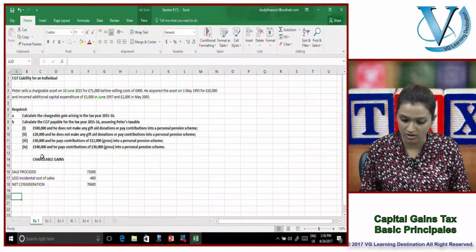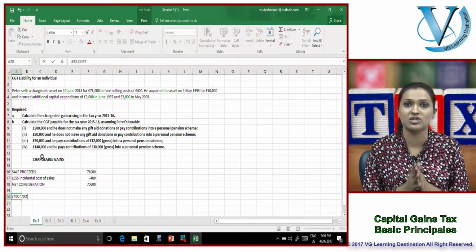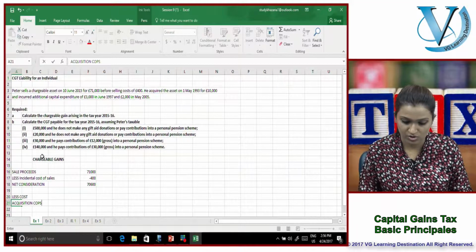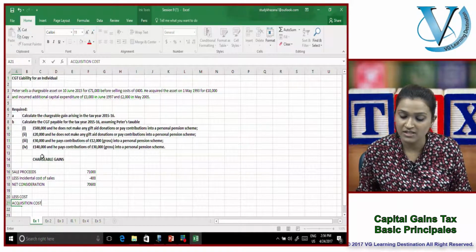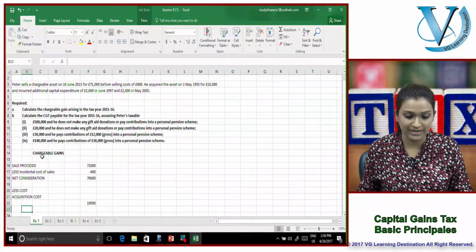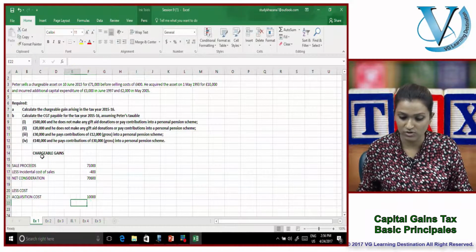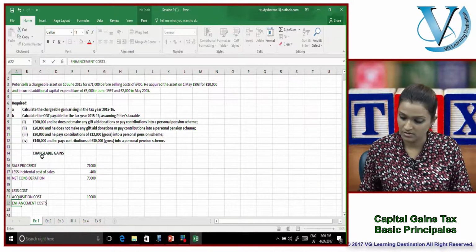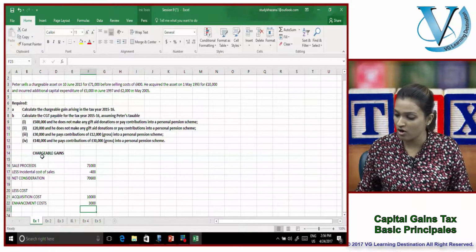From this, I reduce what? I definitely reduce the various types of costs which I would have incurred on the purchase of the asset. The first cost being acquisition cost, which is given to me. How much is the acquisition cost? Purchased it for 10,000 pounds, right? So acquisition cost is 10,000 pounds. Also, I've been given a few enhancement costs, two enhancement costs, one for 3,000 and another for 2,000.